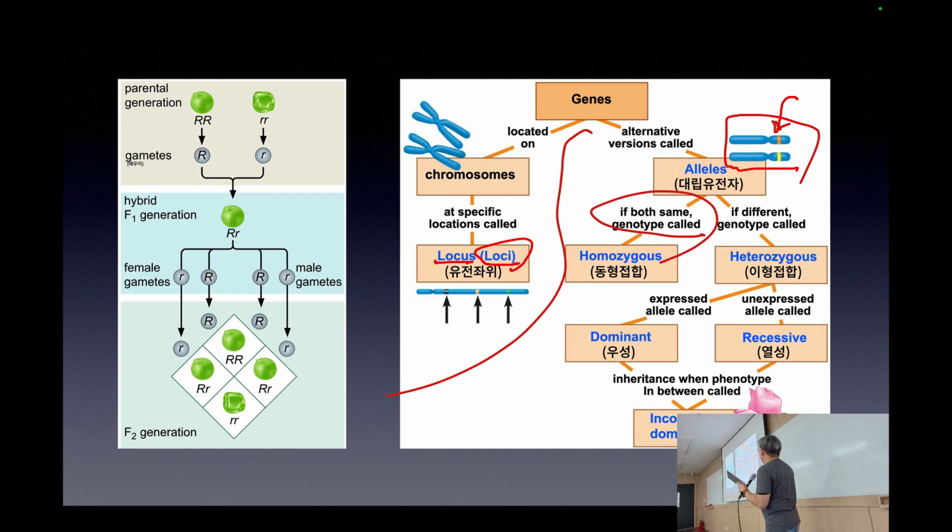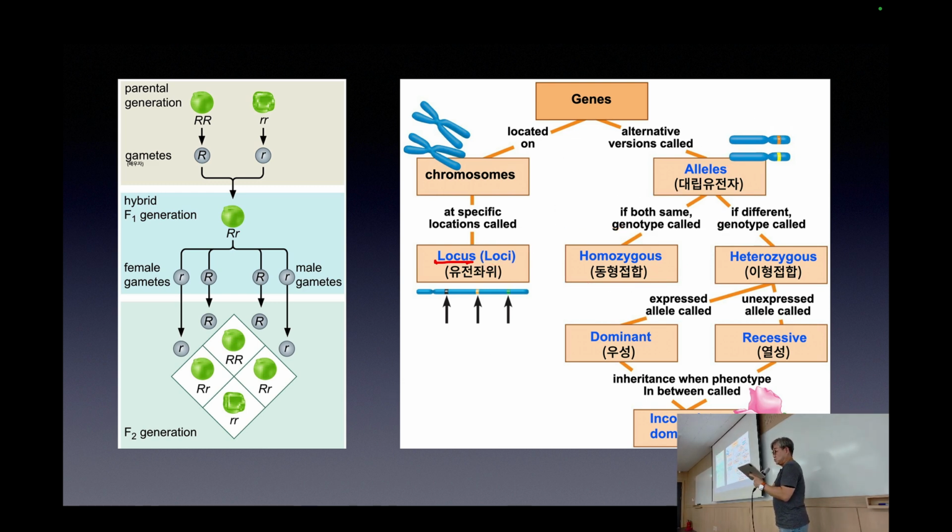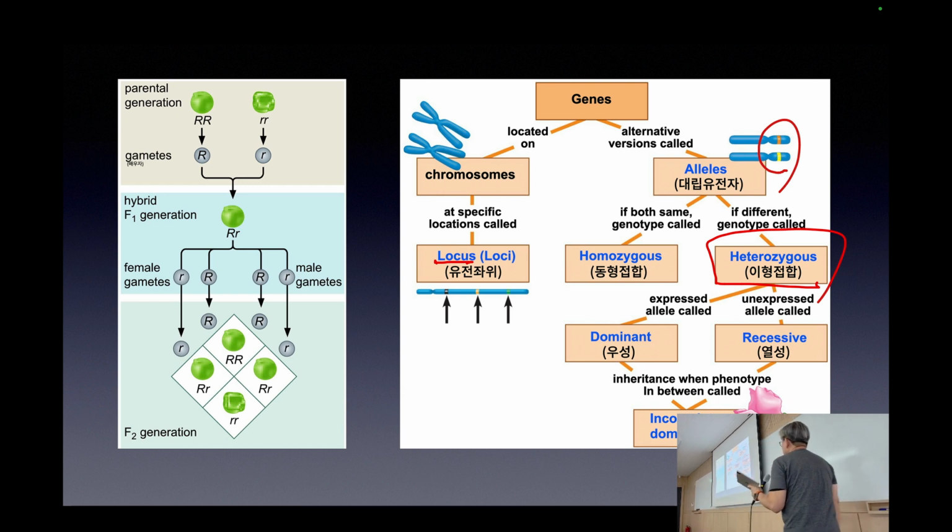On this particular locus, if these genes were the same, then this is homozygous. But as the color tries to indicate, if these two genes are somehow a little different, then they are technically heterozygous. So now it becomes a matter of deciding who wins and who loses in this dominance over recessiveness.